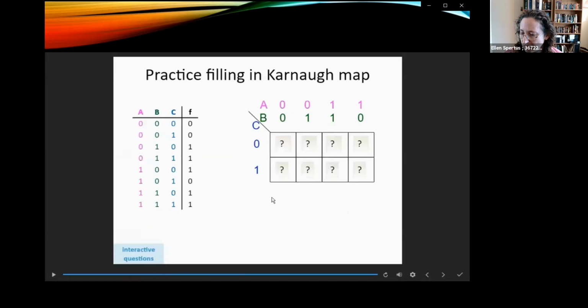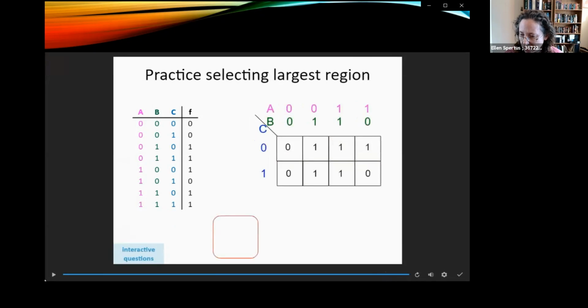Next, we have a series about Carnot maps. After being given an explanation in video by me, the student is asked to take values from a truth table to a Carnot map. This should be a 0 if I enter a 1. Oops. I skipped ahead to the next slide where they're asked to drag this red enclosure around the largest region.